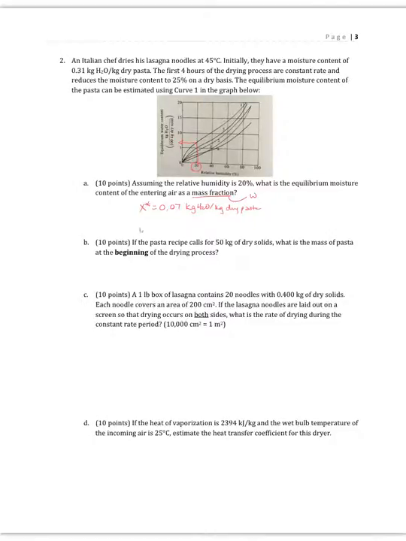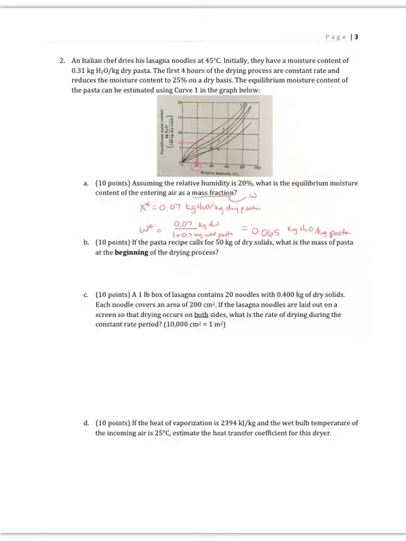To get W at equilibrium, I'm simply going to use the fact that this is per kilogram of dry pasta, so I have 1.07 kilograms of wet pasta. And so therefore, 0.065 kilograms of water per kilogram of wet pasta, however you want to call that.